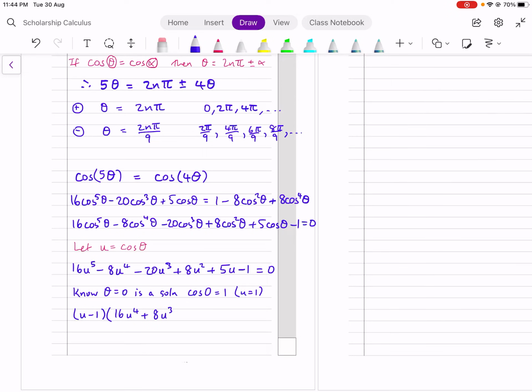I'm just factorising by inspection here. I've got 16u to the 5 minus 16u to the 4 plus 8u to the 4 minus 8u cubed minus 12u cubed plus 12u squared minus 4u squared plus 4u.